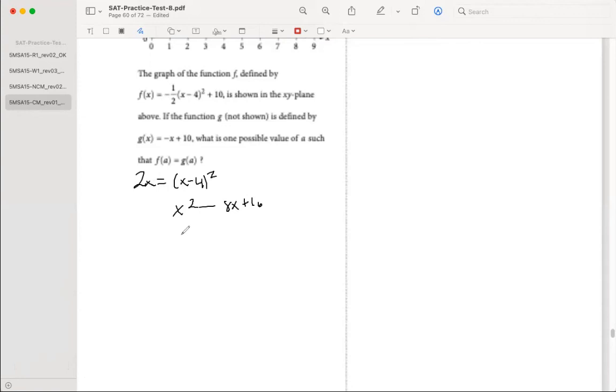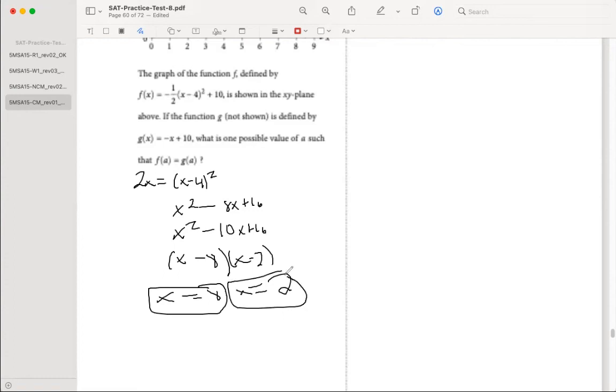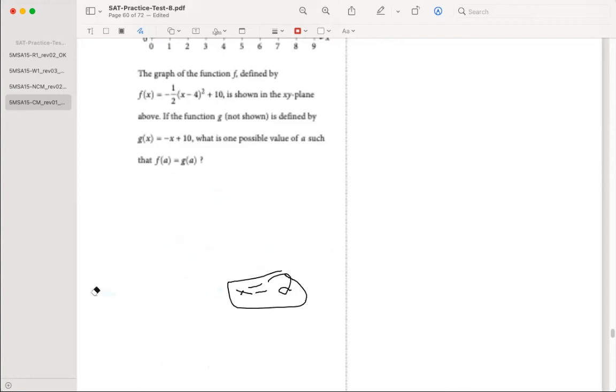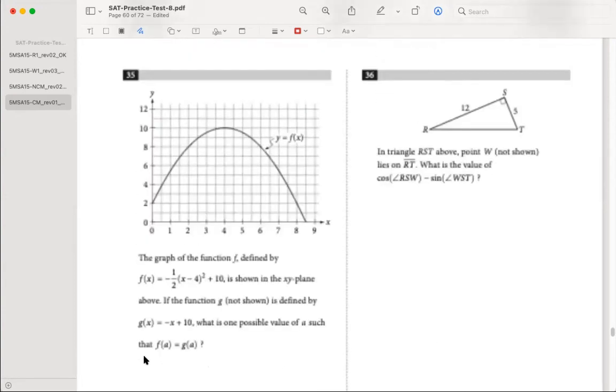So then you can subtract 2x to get x squared minus 10x plus 16. So what factors? So (x minus 8)(x minus 2). So x equals 8, x equals 2. And you can just pick either, 8 or 2. They're both fine. Are we good on that one? Okay, so far so good.